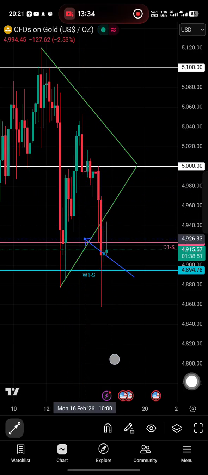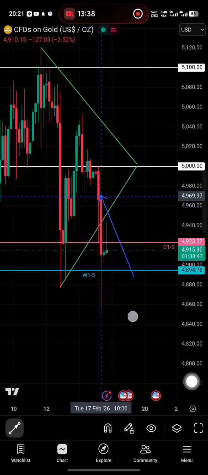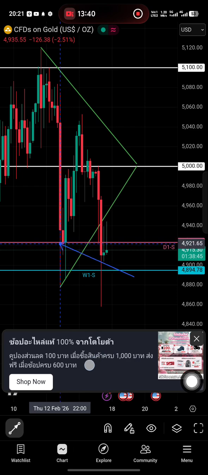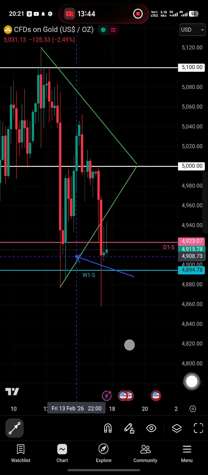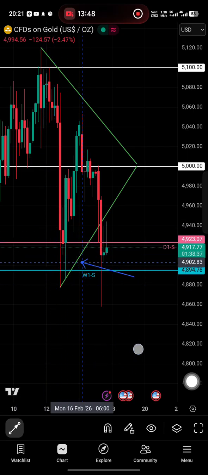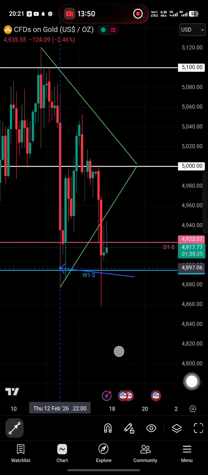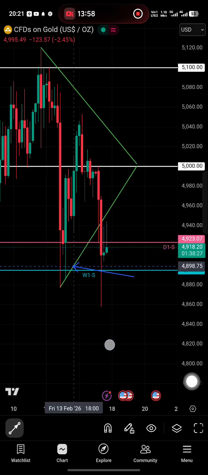And this dump over here is to clear off all buyers from over here. Then the next candle dump is to clear buyers from this 4-hour reversal and the daily support, and then to clear off buy volume from this weekly support, which means price is always looking to take out buyers or buy volume from every zone of the market.